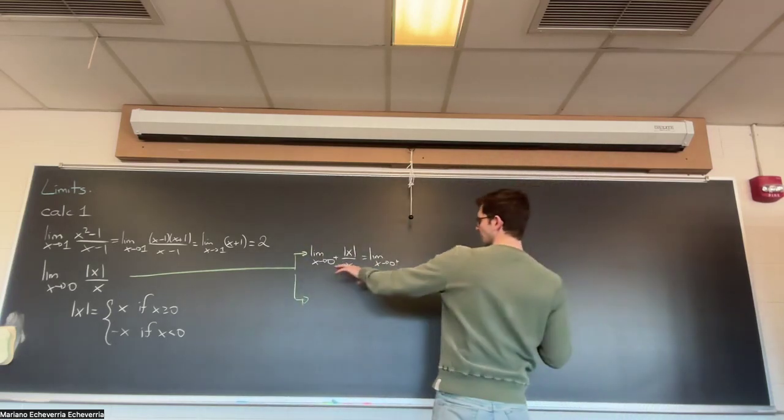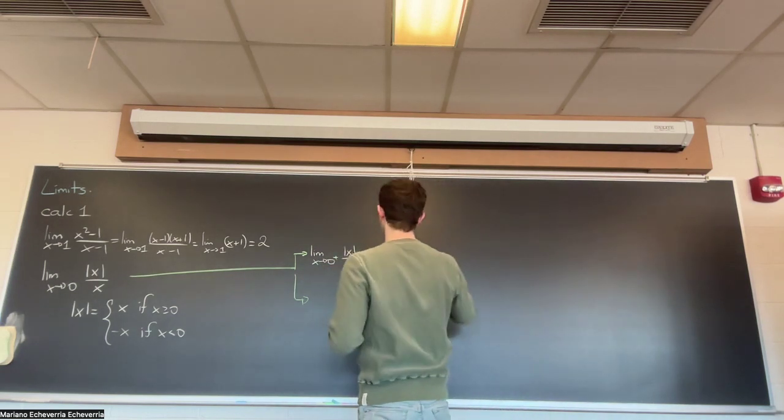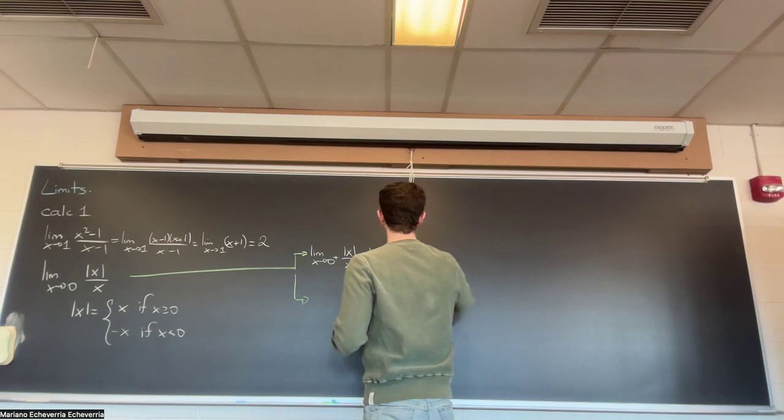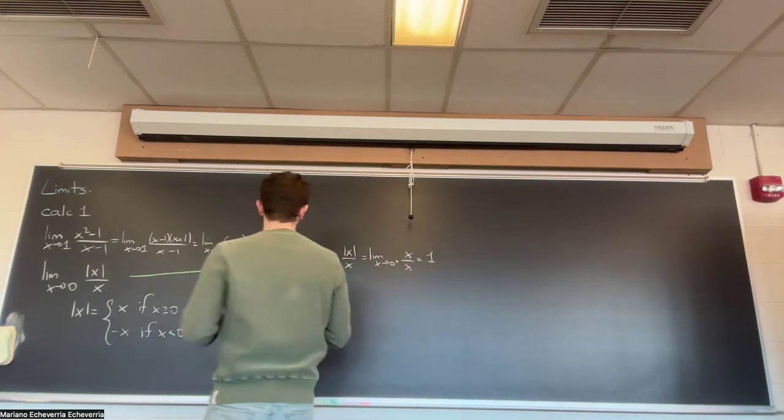But the idea is that once you are approaching 0 with positive numbers, then the absolute value of x can be replaced with just x. So you get x over x, and the x's cancel, and you just get 1.